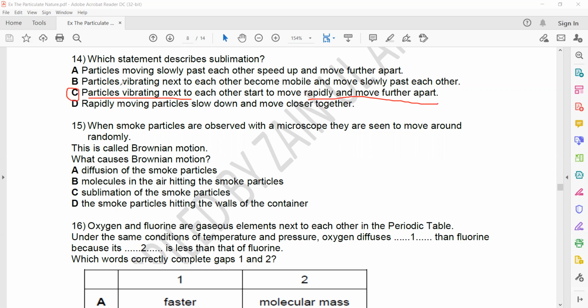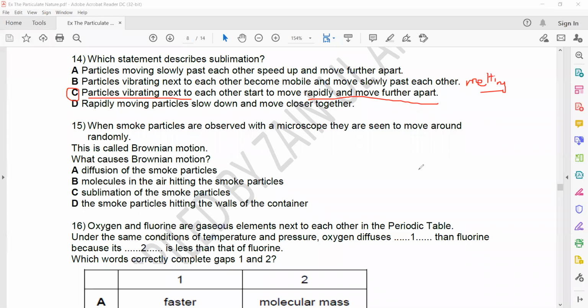Why not B? Because in B they mention particles vibrate next to each other, become mobile and move slowly. So it means B is representing what? B is representing the process of melting. The term mobile means if something is able to move, we call that mobile.